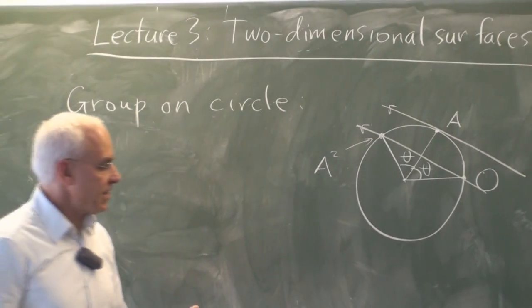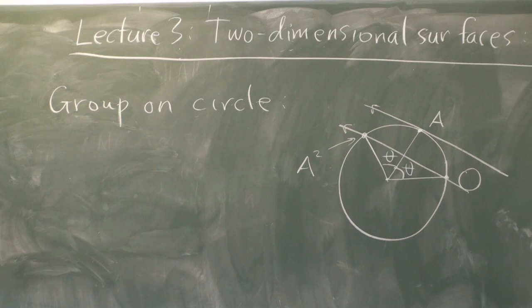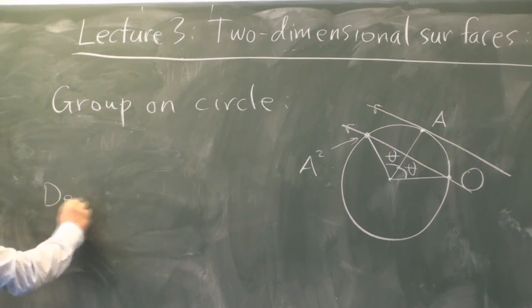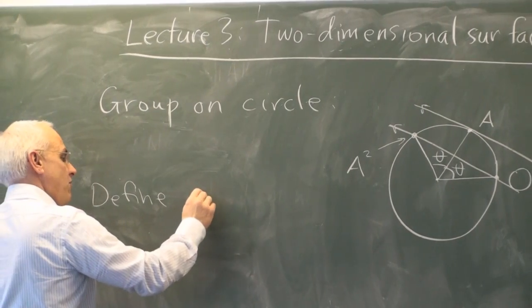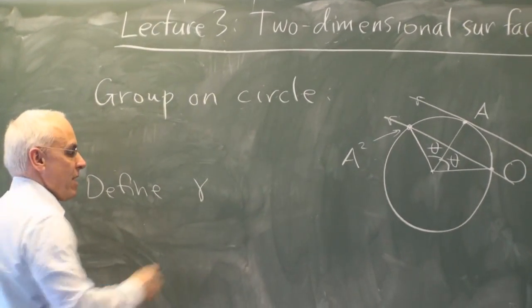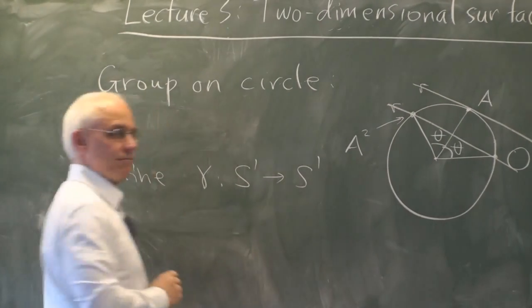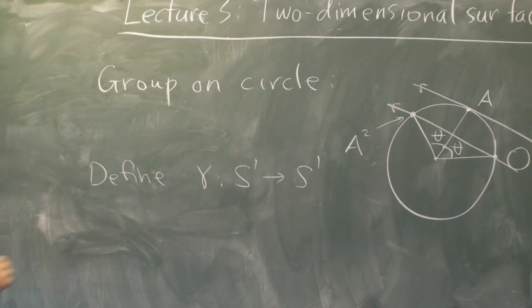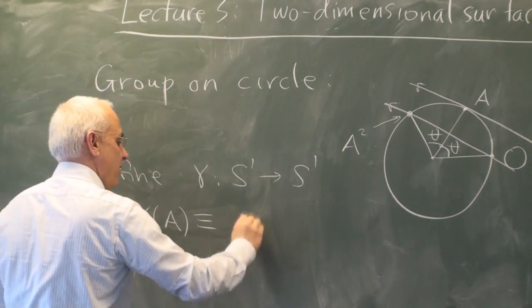All right, so this is a way for us to define a function. We can define a function, let's call it gamma, from the circle to the circle by defining gamma of A to be A squared.